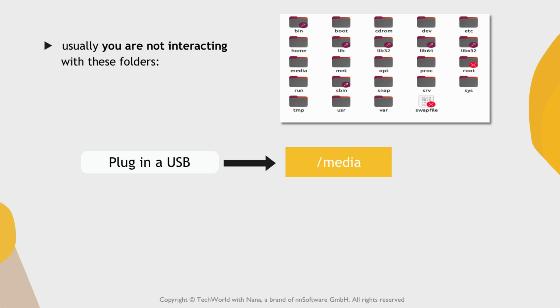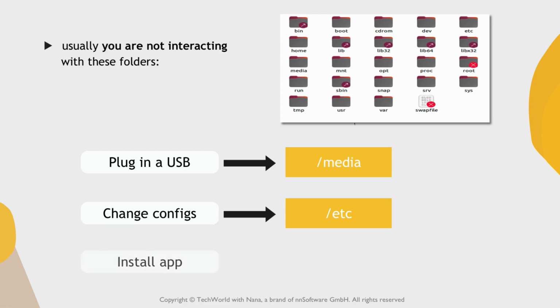and then you will see basically the folders or files on that USB without you having to mount anything manually here. And the same way, when you change configuration in your system, they will automatically be updated in the configuration location in the etc, etc. And when you install an application, the package manager tool, for example, which you used, will handle putting the right files into right locations.